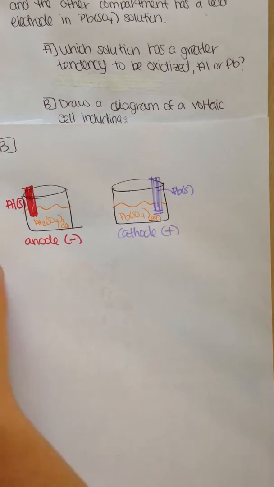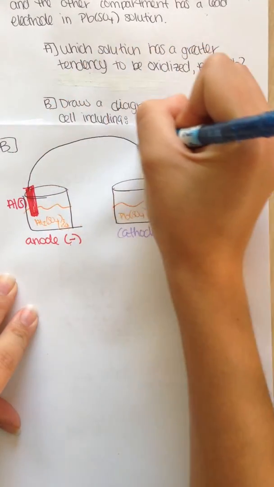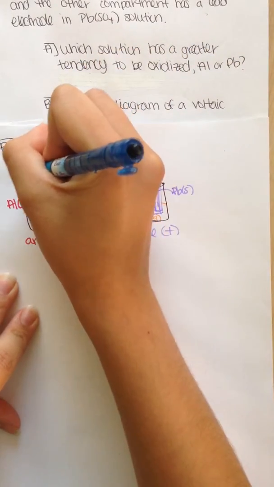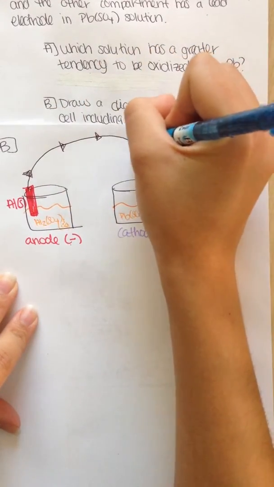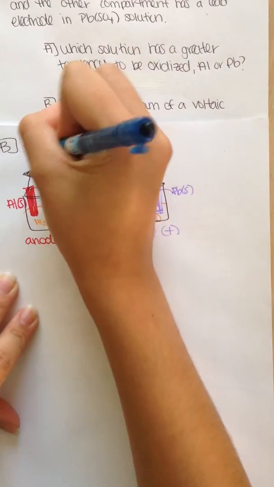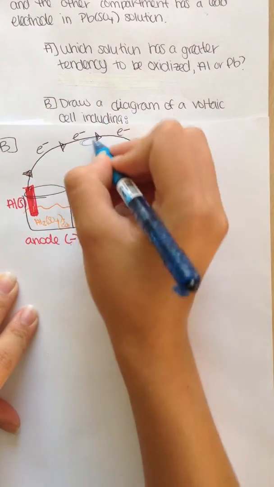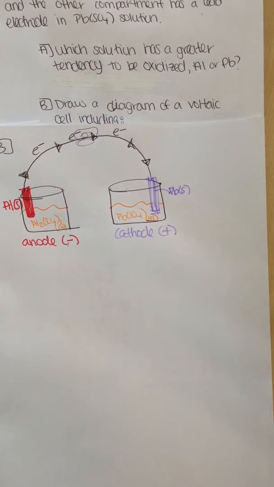And now we need to draw the electron flow. The electrons always flow from negative to positive, always. So here's the electron flow. Usually you can put a light bulb right here if you want to show use of the electron transfer.